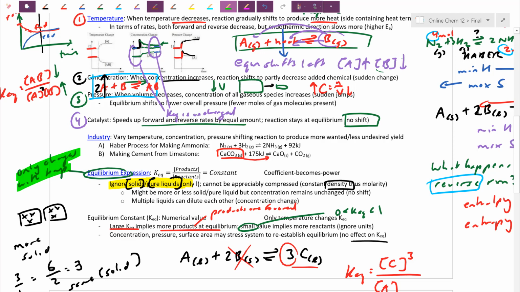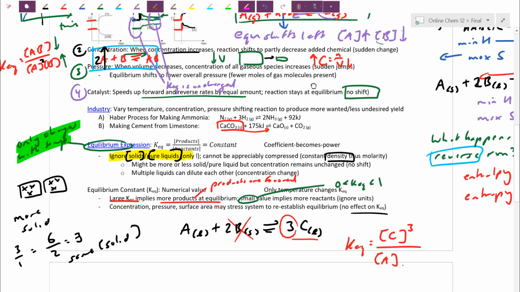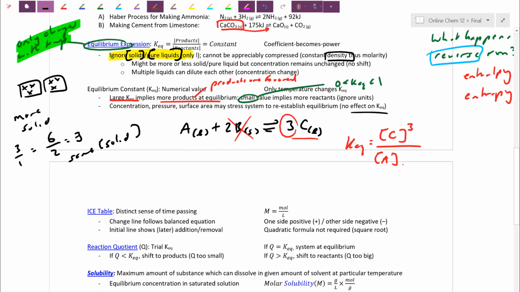We're always going to assume that we're at 25 degrees. We can actually predict. Let's say this reaction here was exothermic. Let's say I increase the temperature. As I increase temperature, the heat term goes up. I want to shift away from it. We know I'm going to lose C, and A and B, even though B is a solid, both of these concentrations are relatively going to increase.